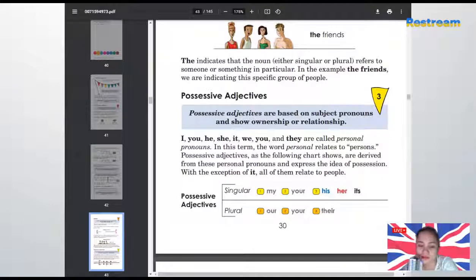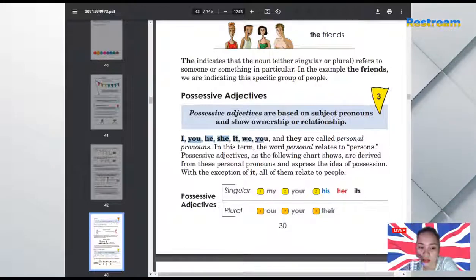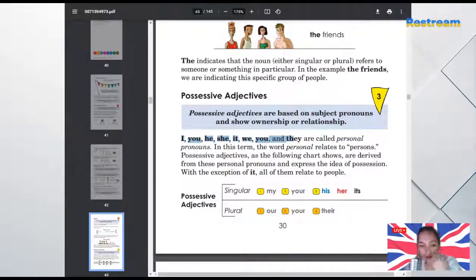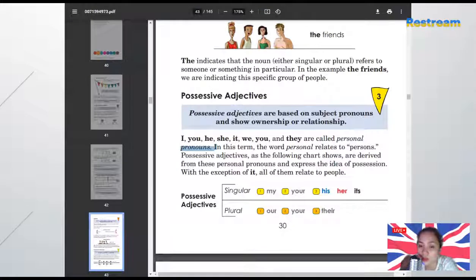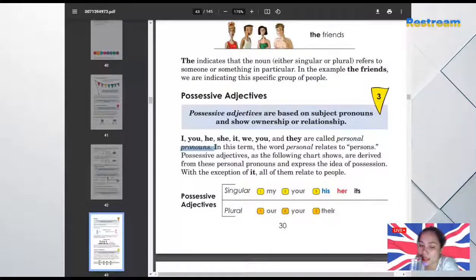Next, here we have I, you, he, she, it, we, you, and they. These are called the personal pronouns. When we say personal pronouns, we use them for persons. Like me. Me is a personal pronoun because these kinds of pronouns are for persons.